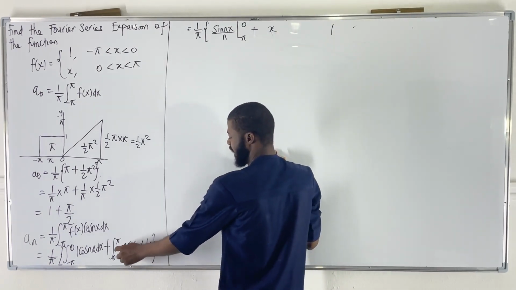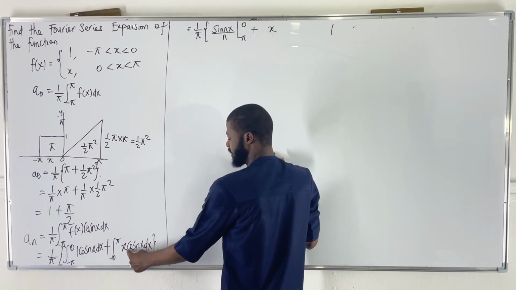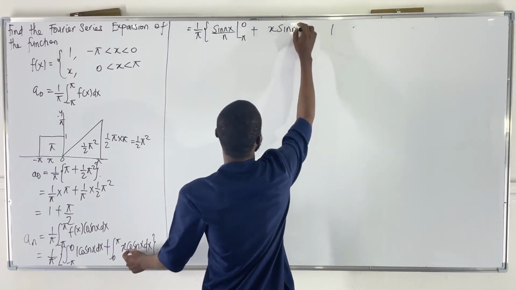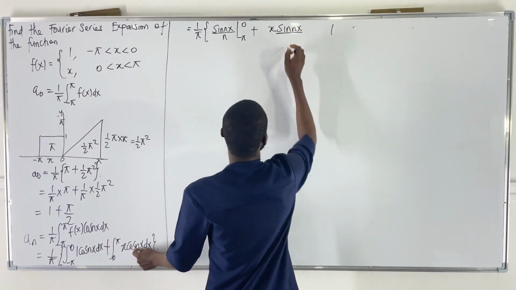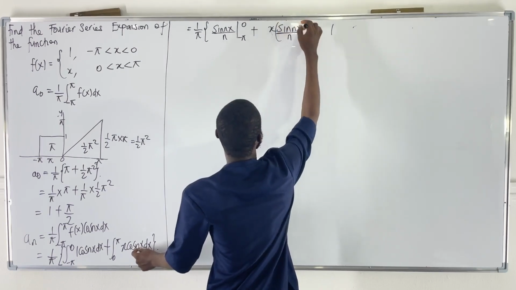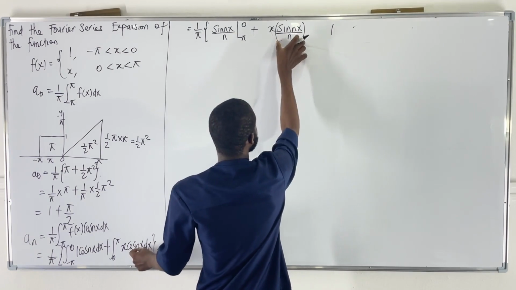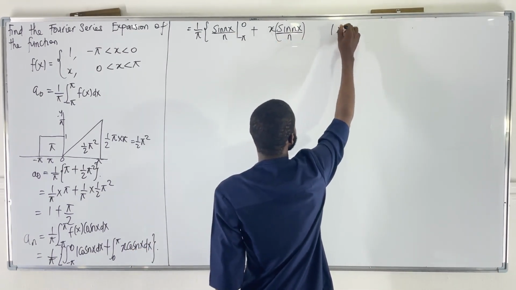Now, since I'm done with the x, let me go to the cos nx. I'm going to integrate cos nx. To integrate cosine, I'm going to have sine. This is sine nx divided by the derivative, that's over n. And this very bracket you see here, I'm going to integrate this value again for 1, and I'll say times.